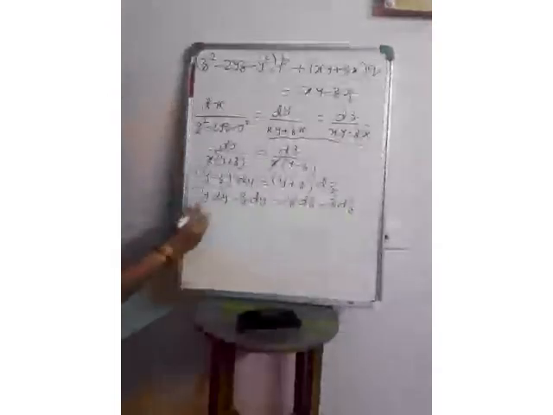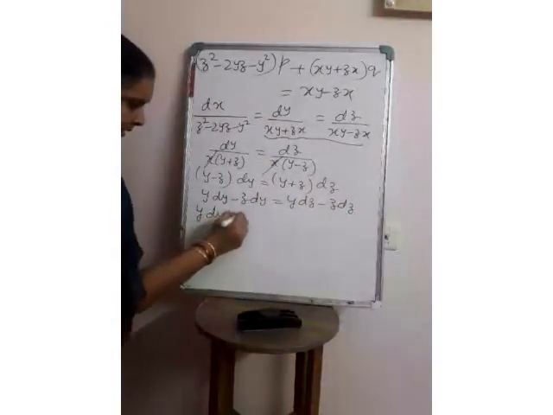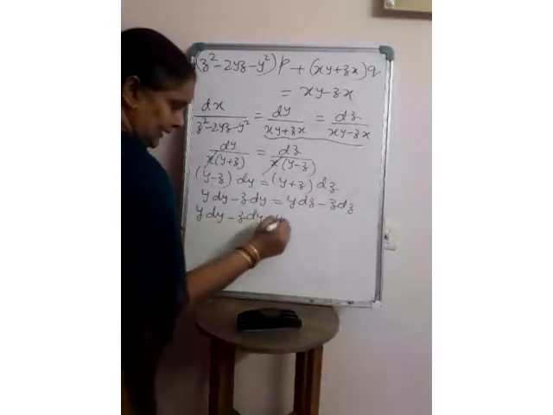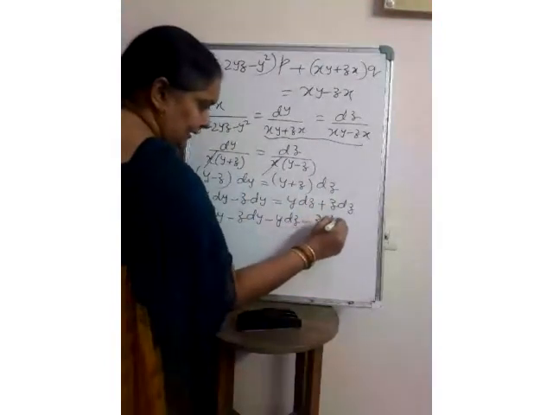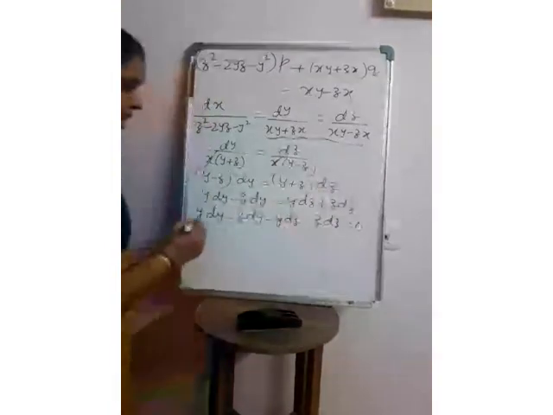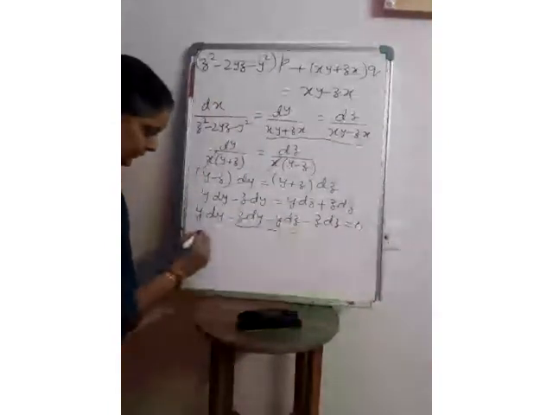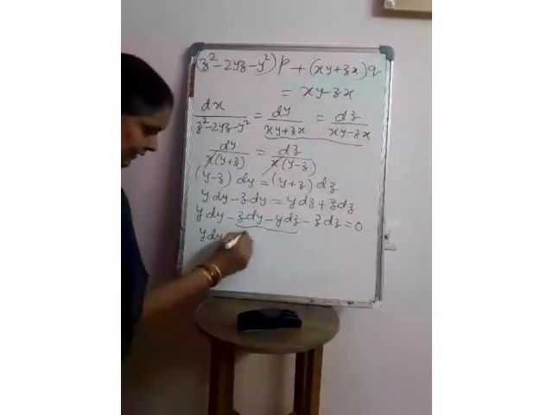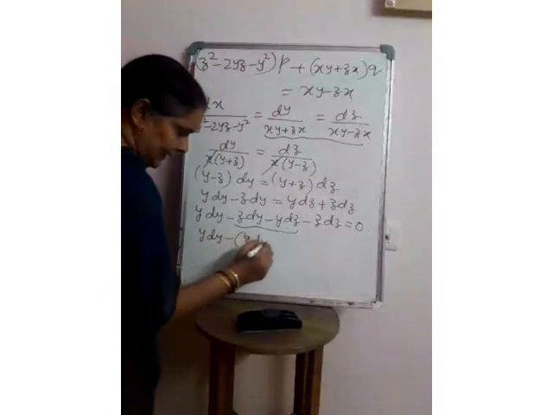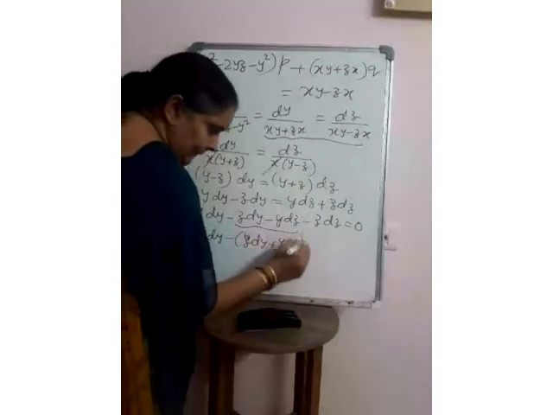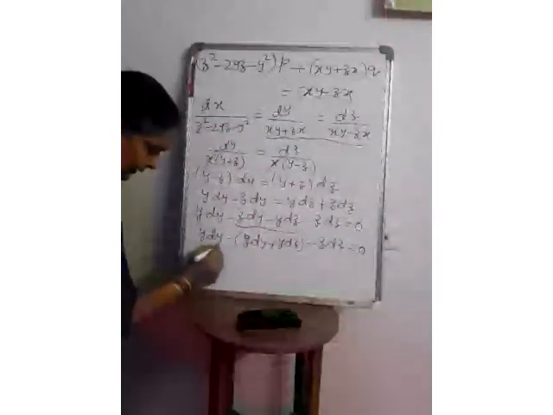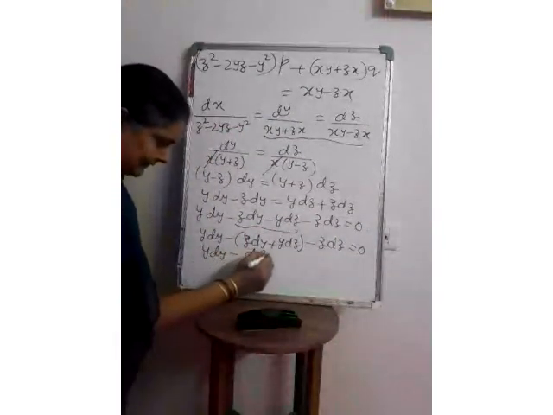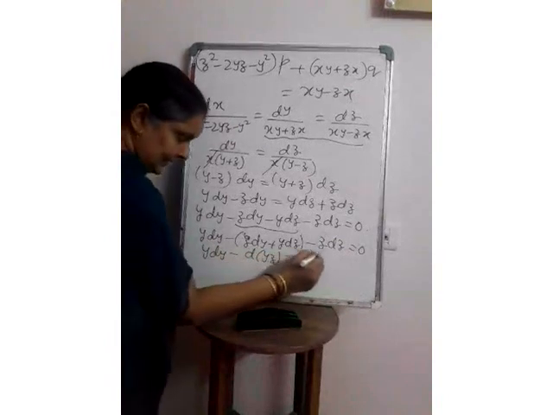Bring these terms to the left hand side: y dy minus z dy minus y dz minus z dz is equal to 0. We will join these two. y dy minus, if we take it out, (z dy plus y dz) minus z dz is equal to 0. So we can write this as y dy minus d of yz minus z dz is equal to 0.